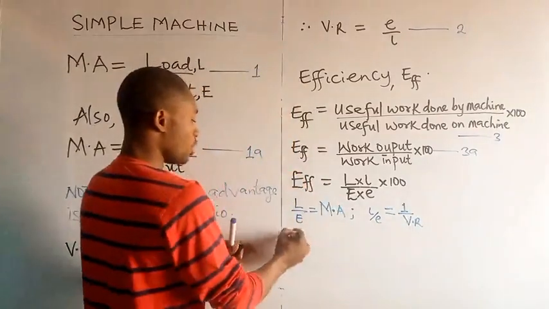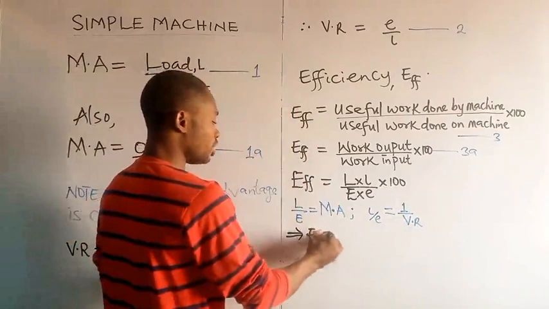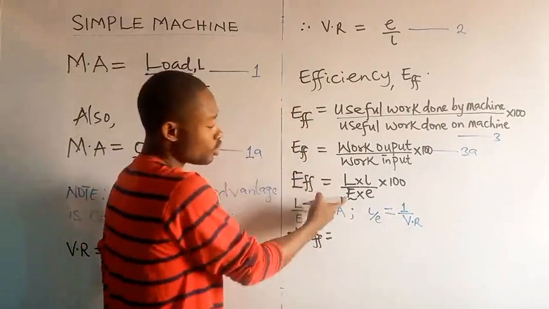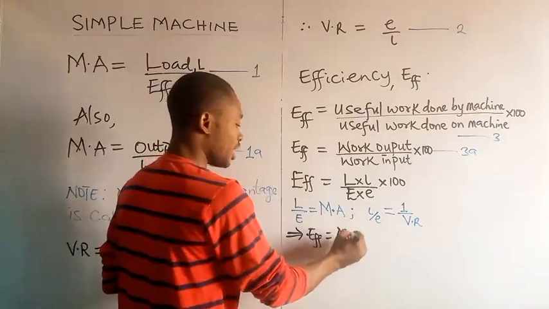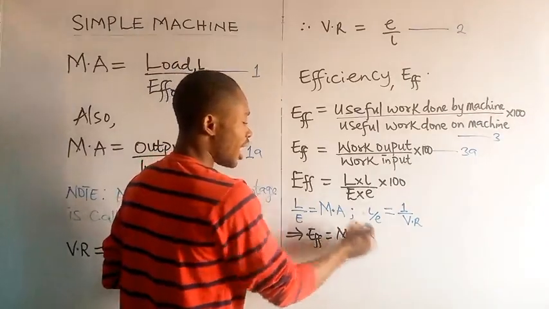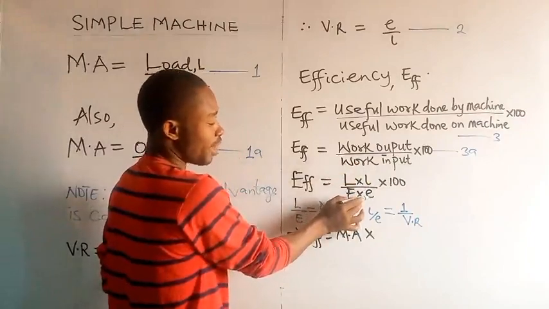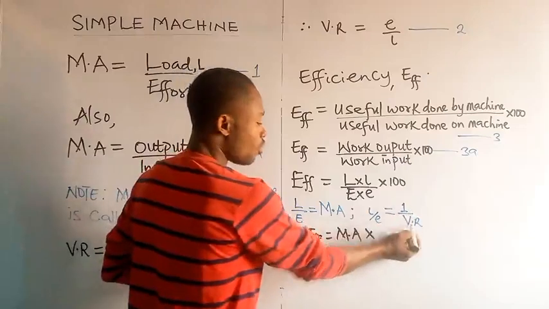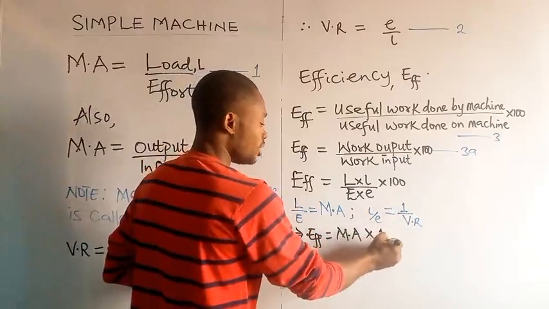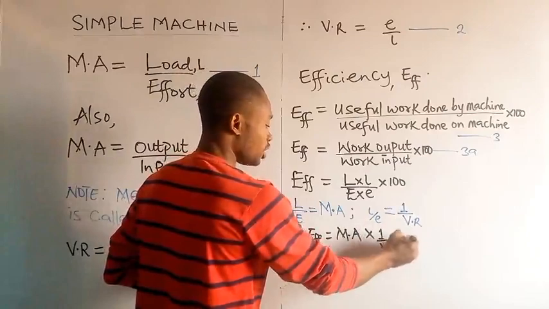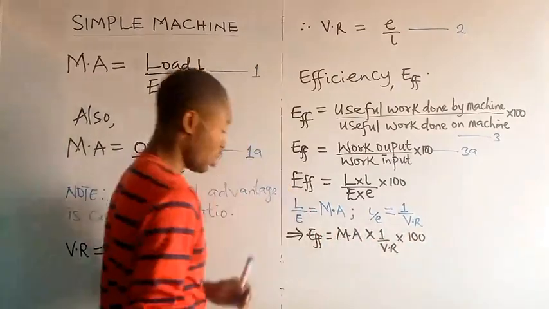And so the implication will now be that the efficiency formula of the machine can still be written as load over effort, which is mechanical advantage, times distance moved by load divided by distance moved by effort, which is 1 over velocity ratio. Then multiply by 100 once again.